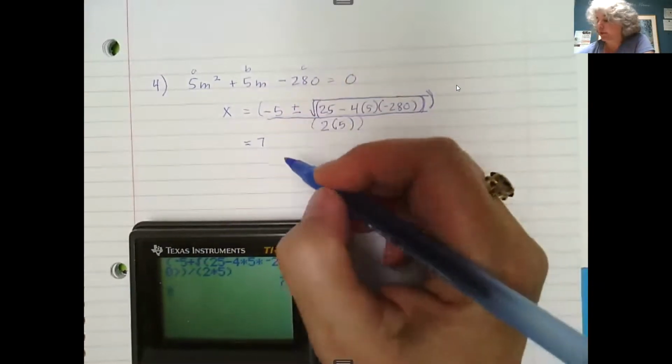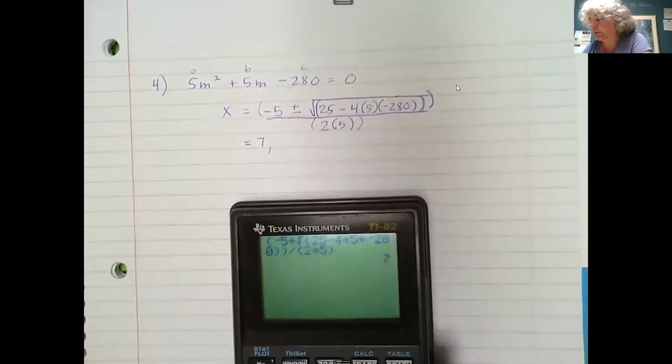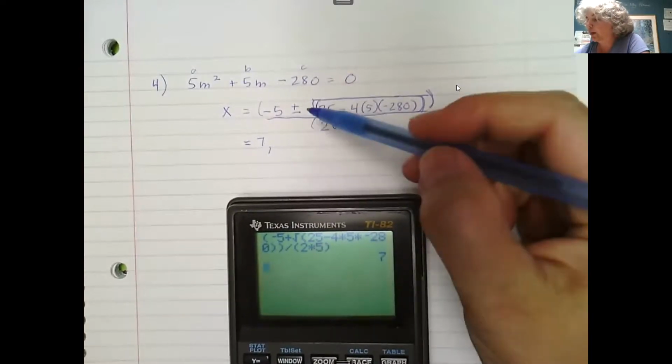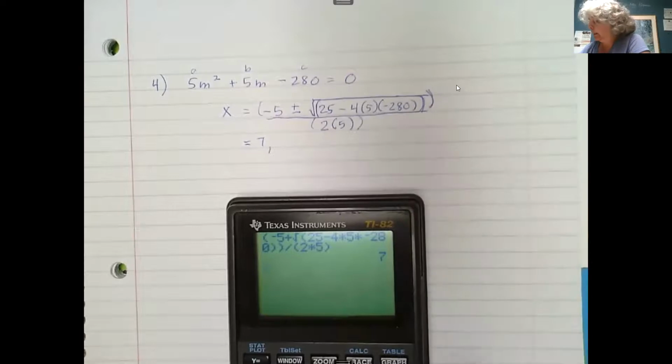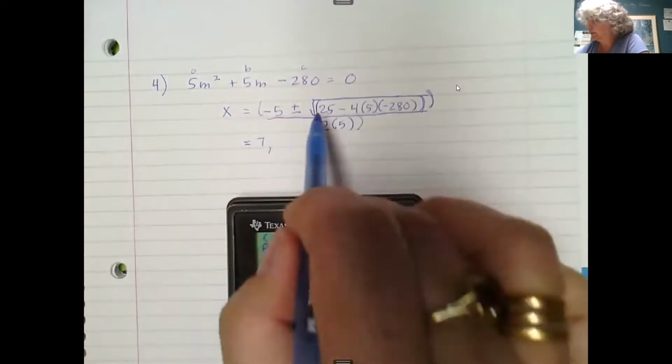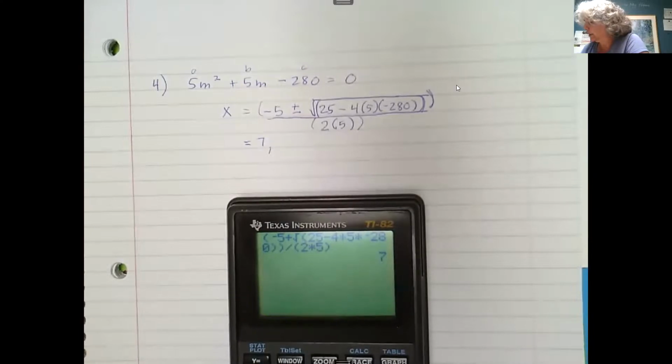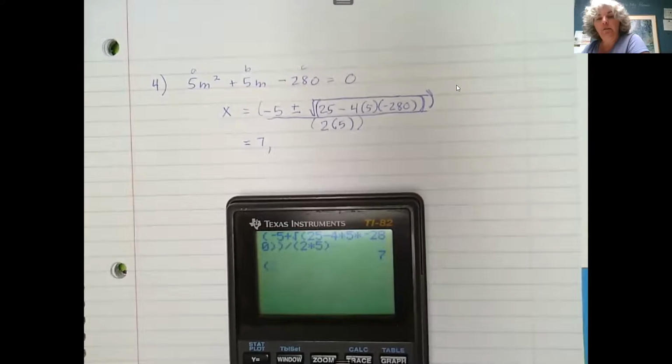Well, I know I'm going to have another answer, not necessarily negative, but I do have to use this minus here. It looks like it will be negative, because a negative and a negative makes a negative. So let's just see. Same idea, parentheses, negative 5 minus the square root, parentheses, 25 minus 4 times 5 times negative 280.